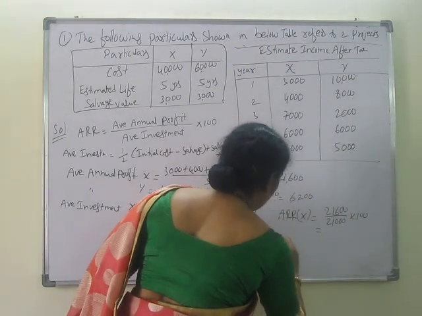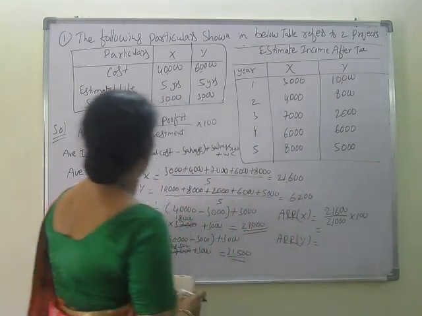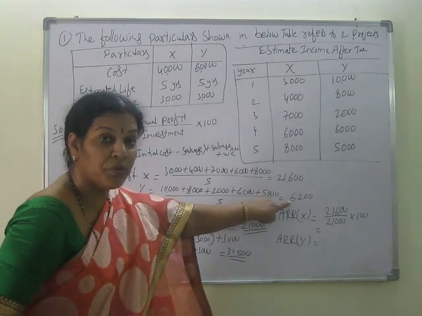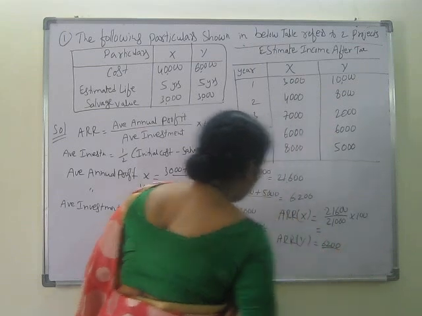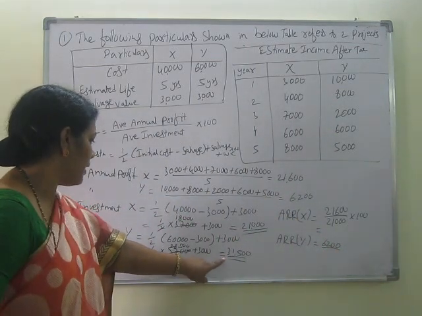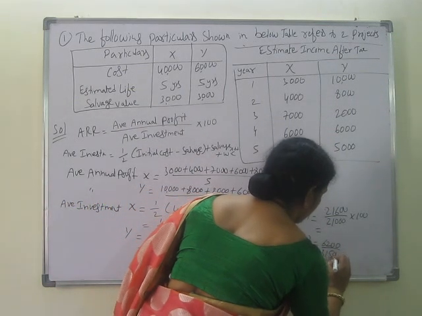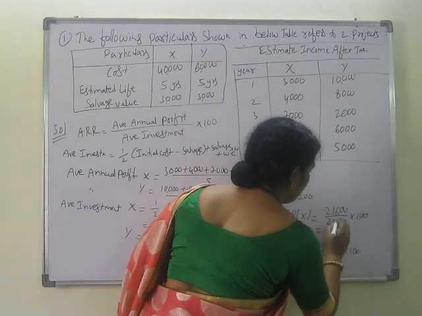In the same way, ARR for Y. Average annual profit for Y is 6,200, which we got already. 6,200 divided by average investment for Y, 31,500, into 100. We'll just calculate it.